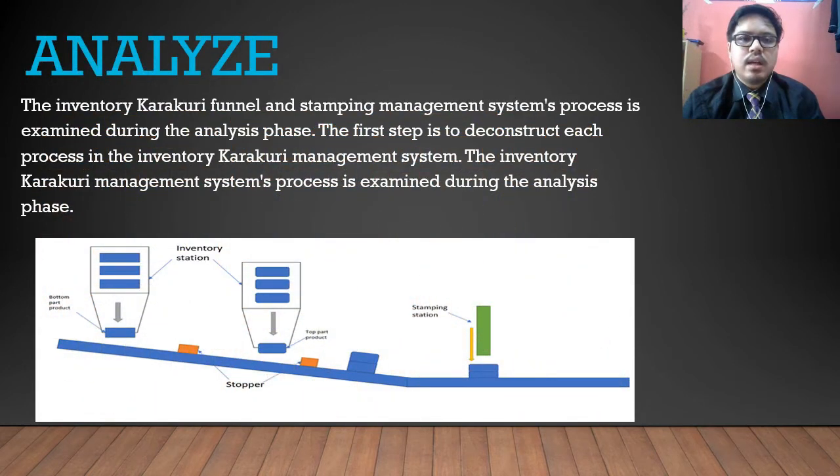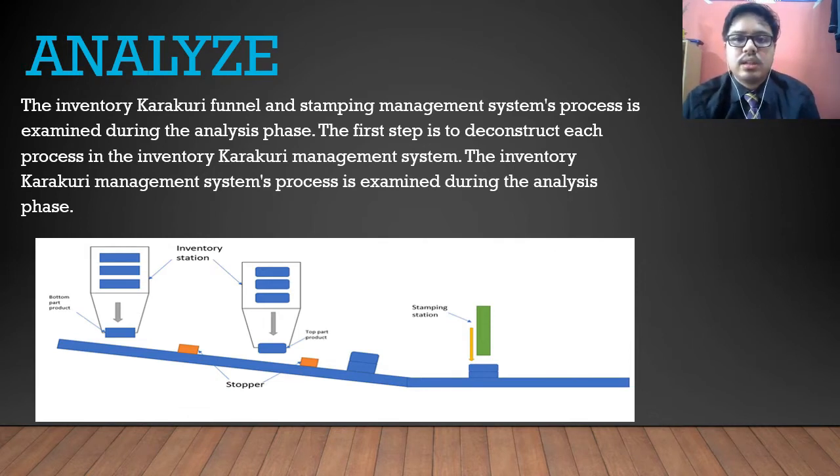Okay, next is the analyze method. The inventory Karakuri funnel and stamping management system process is examined during the analysis phase. The first step is to deconstruct each process in the inventory Karakuri management system. To show the mechanism of the system, the illustration of the process is shown in the figure below.